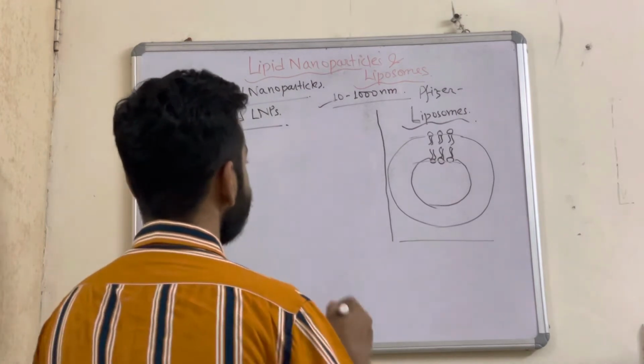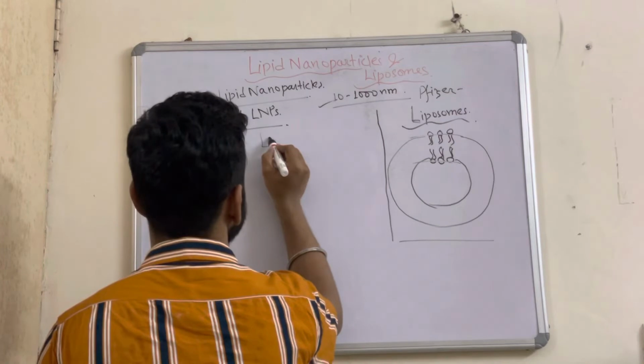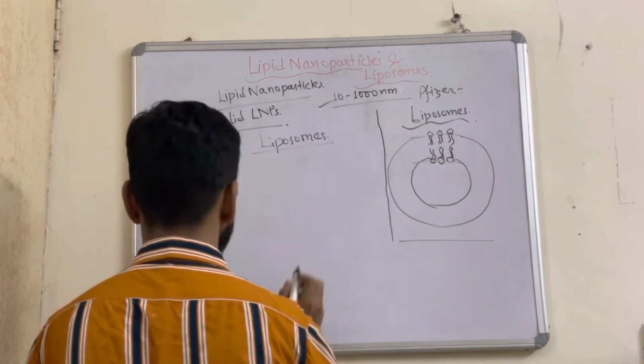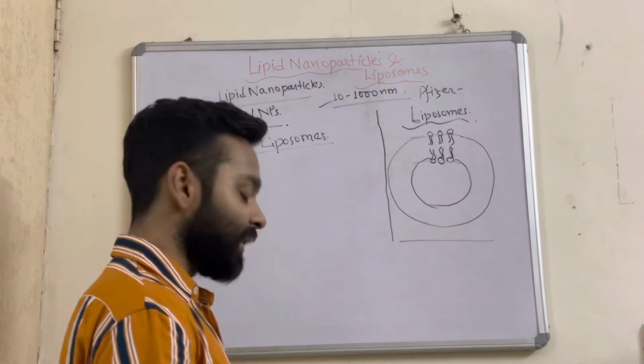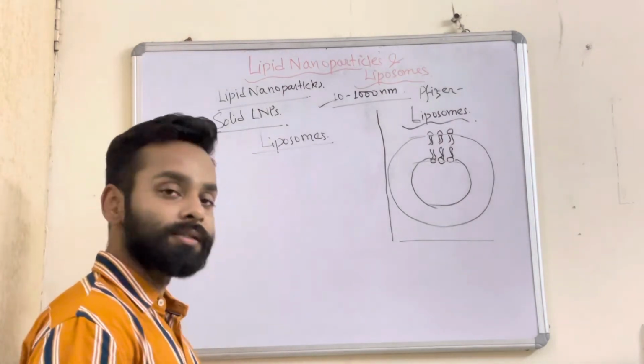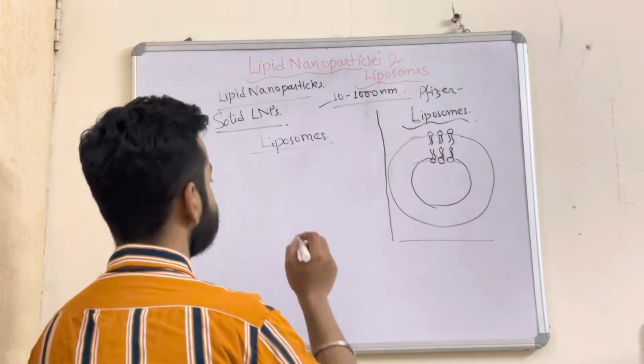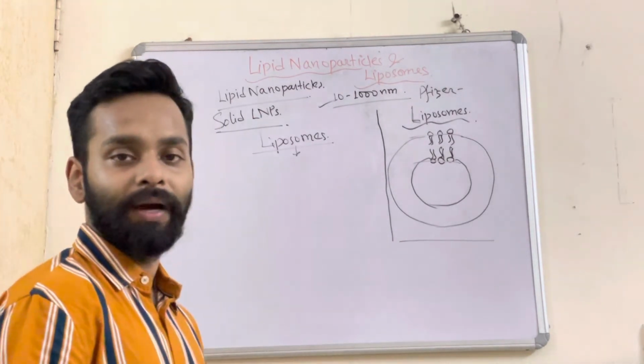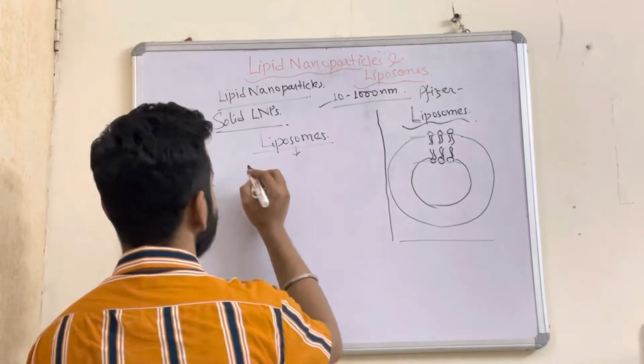These liposomes are spherical vehicles having at least one lipid bilayer. They can have more than one lipid bilayer, but they need to have at least one.